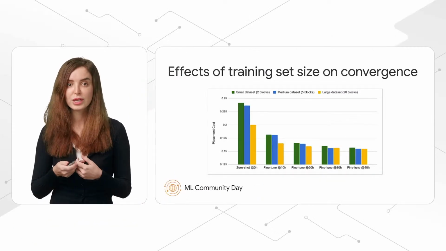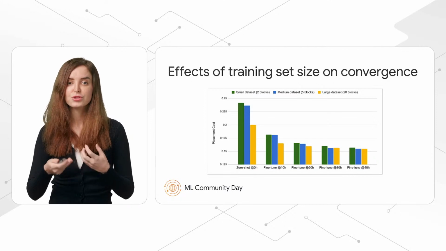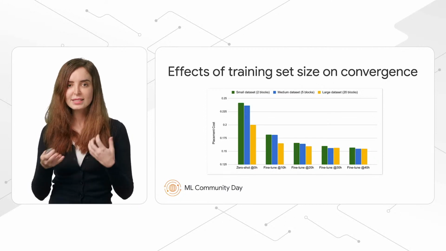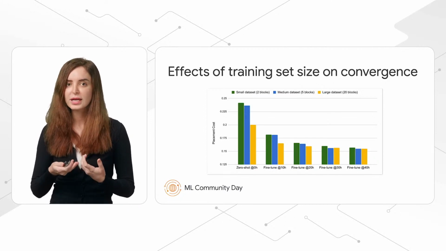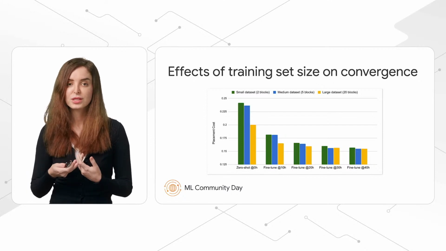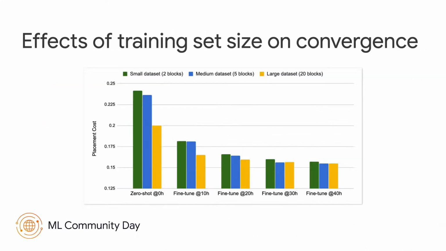The policy that is trained on 20 blocks in this case can achieve optimized results much quicker than the other two policies that are trained on a smaller set of blocks. And this is really a unique property that deep learning and representation learning in this case is helping us observe, because none of the existing methods for placement can really become better as they solve more instances of the problem.